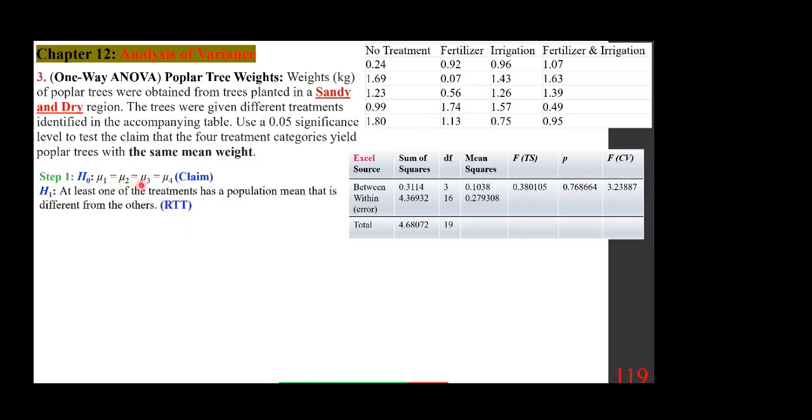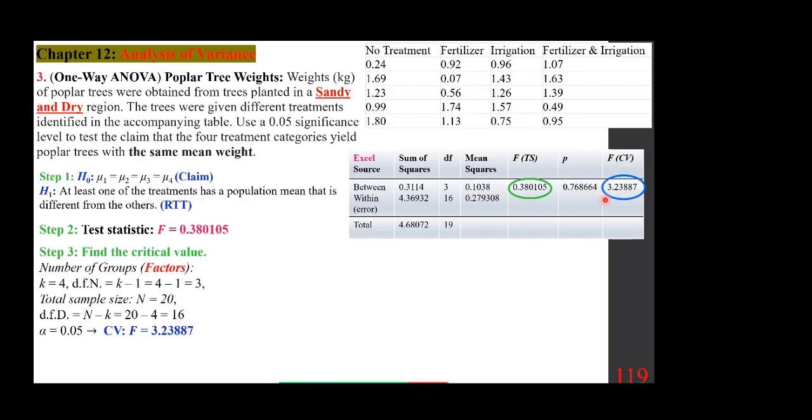Mu sub 1 equals mu sub 2 equals mu sub 3 equals mu sub 4. That's the claim. At least one of them is different. From the table, here's the test statistic. The critical value, again, we can go with the table, or it's given right here, which obviously is the same as the previous page. The p-value, however, is different.